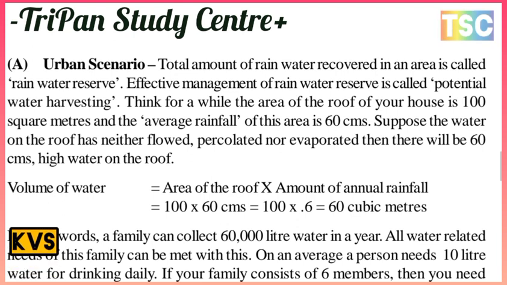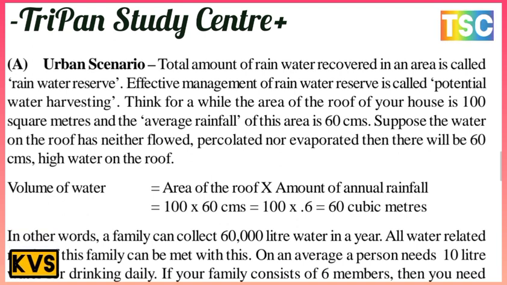Think, for example, that the area of the roof of your house is 100 square meters and the average rainfall in this area is 60 centimeters. Suppose the water on the roof neither flows away, percolates, nor evaporates, then there will be 60 centimeters of water on the roof. The volume of water is equal to the area of the roof times the annual rainfall.